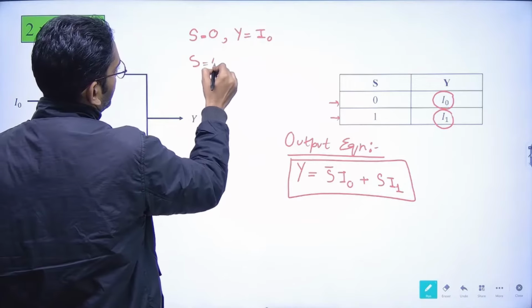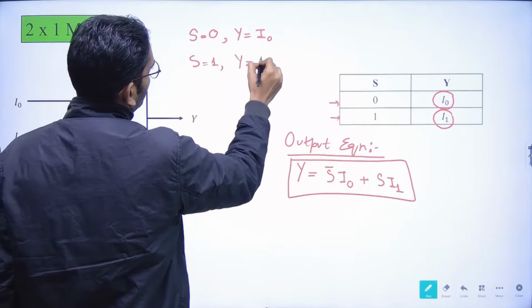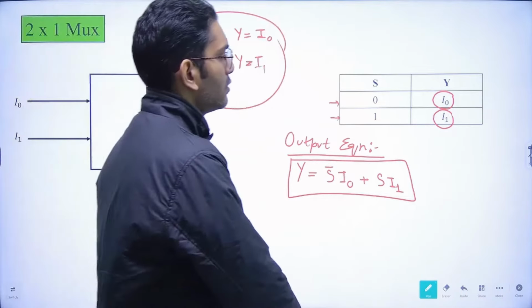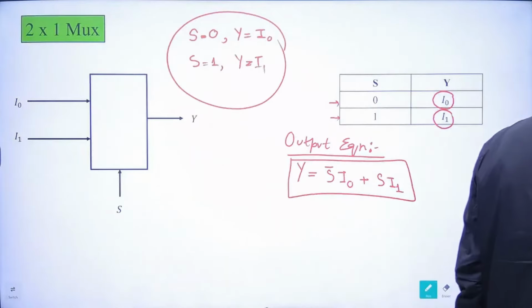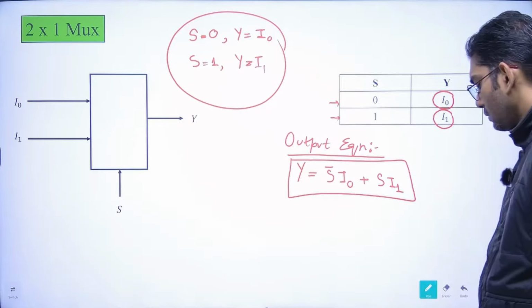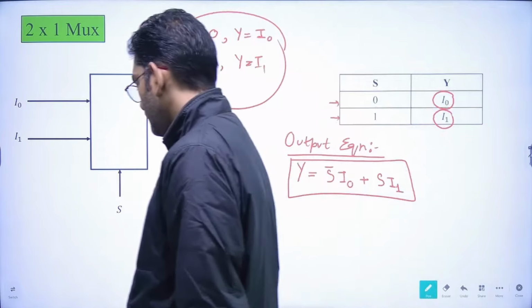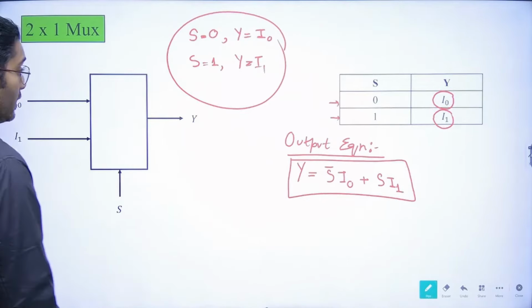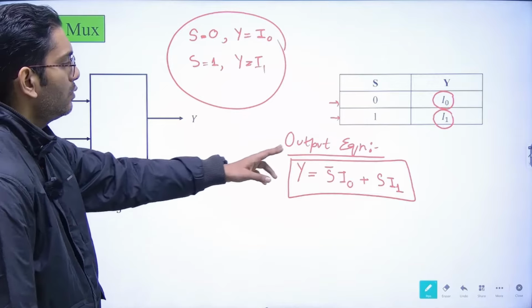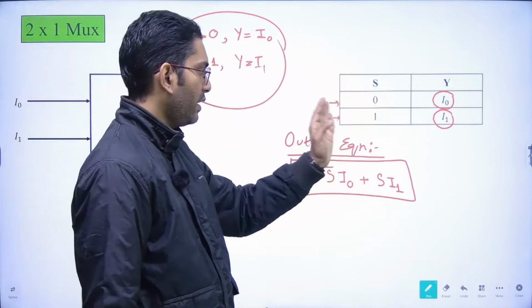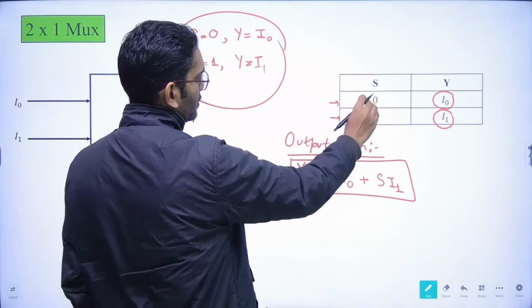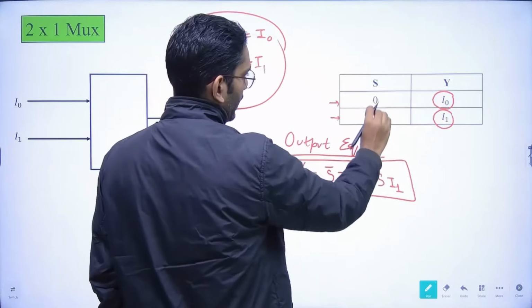When S is equal to 1, we get Y equal to I1. These are the basic functionalities, and based on this table we can write the output equation as S bar I0 plus S I1.